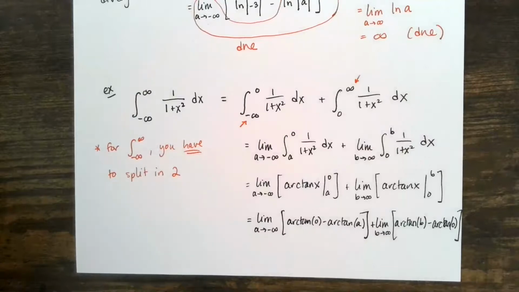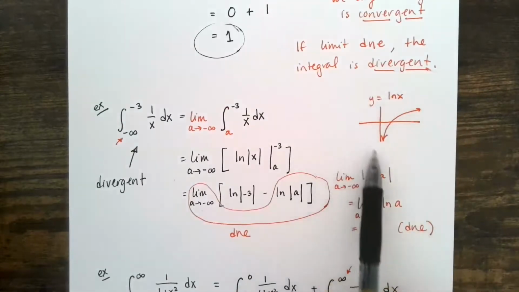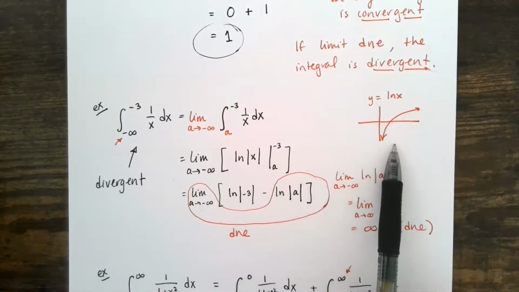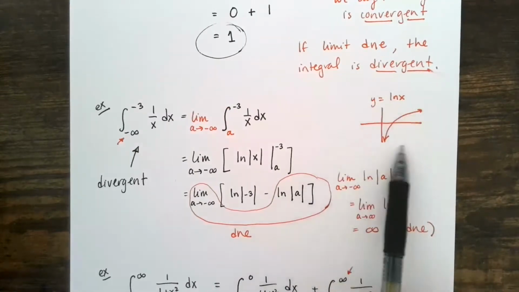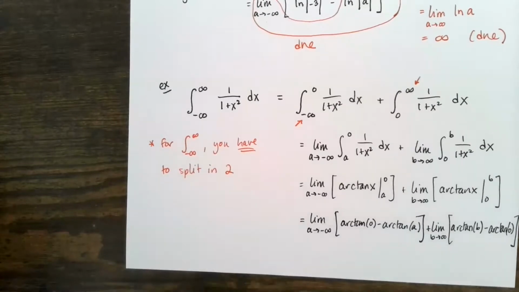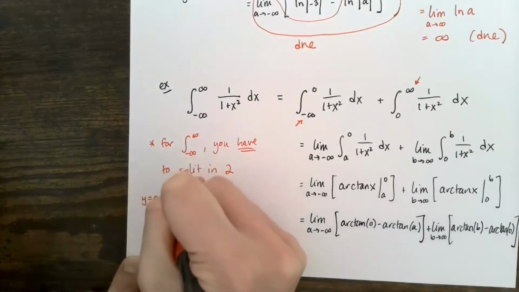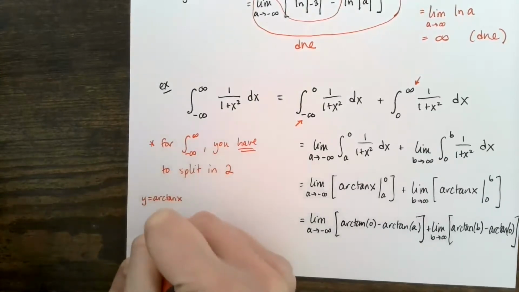So now we have to think about arctan. This is another one, a lot like the ln graph, where if you know the graph, answering this is a lot easier, but it's not a graph that most people remember. But I want to remind you of what this graph looks like, and then we'll use that to answer all these pieces. All right, so the graph of y equals arctan of x.